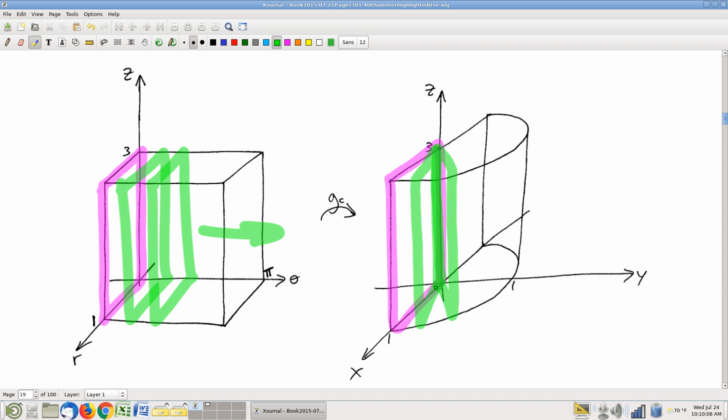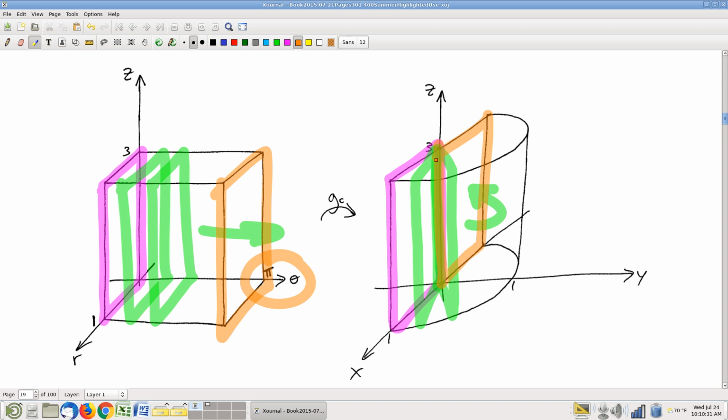Like that. And so that purple rectangle in the XYZ space is like it's on a hinge on the z-axis, and it just rotates around until you get to the end where theta is equal to pi, which of course is there.